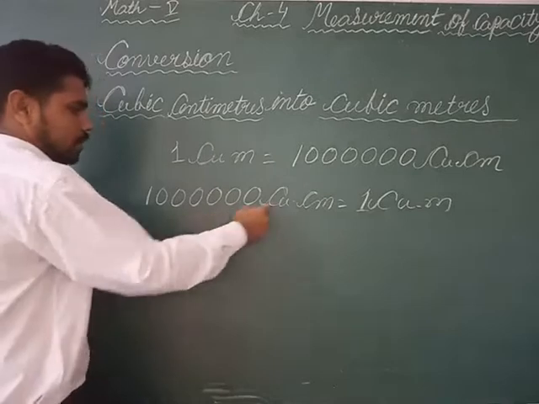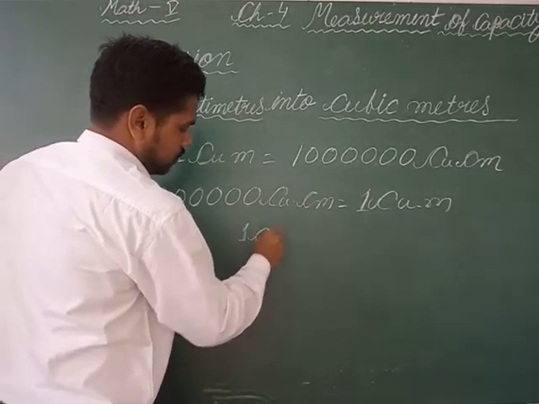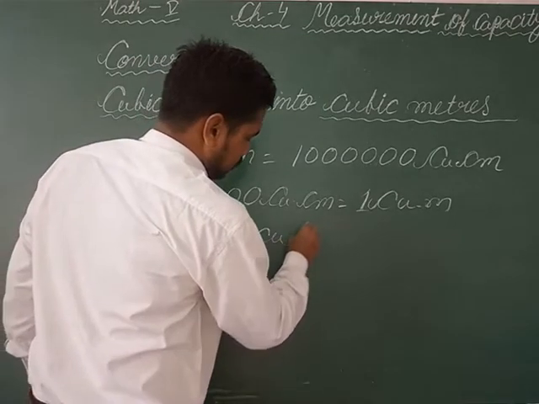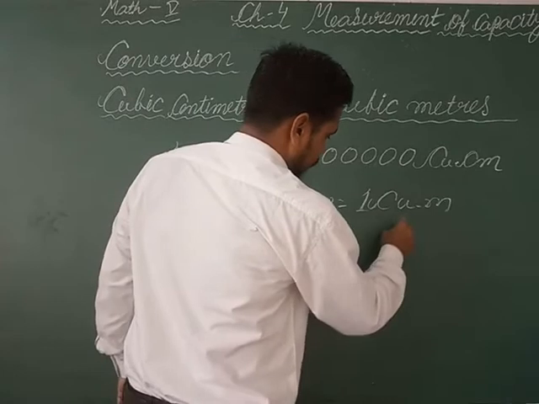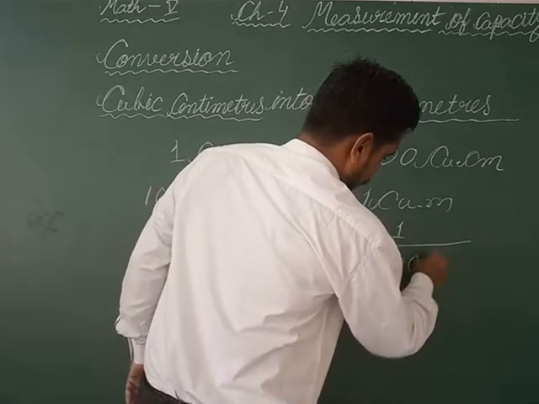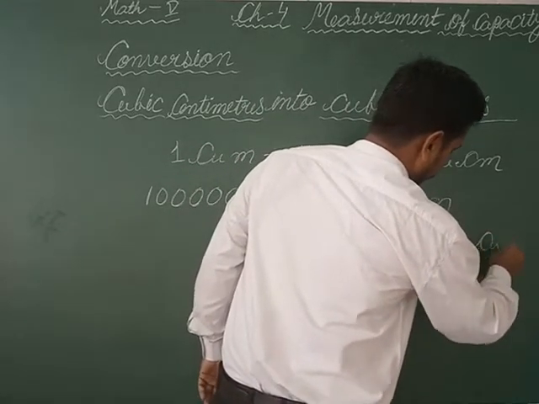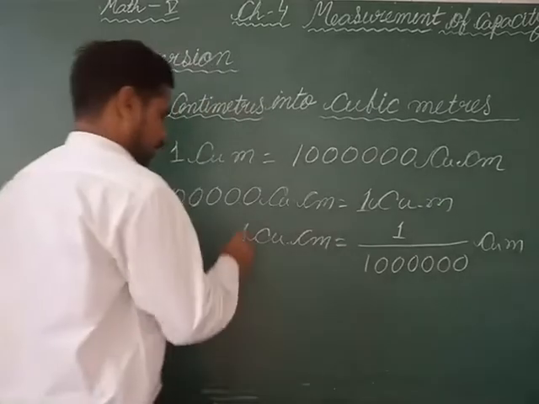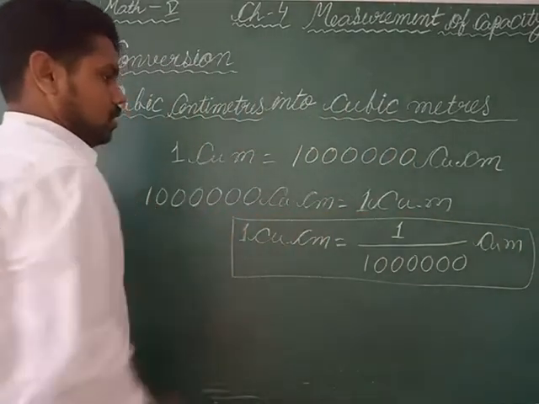So for 1 cubic centimeter, this will go and divide the other side. So 1 cubic centimeter is equal to 1 divided by this much of cubic meter. So 1 cubic centimeter is equal to this much of cubic meter.